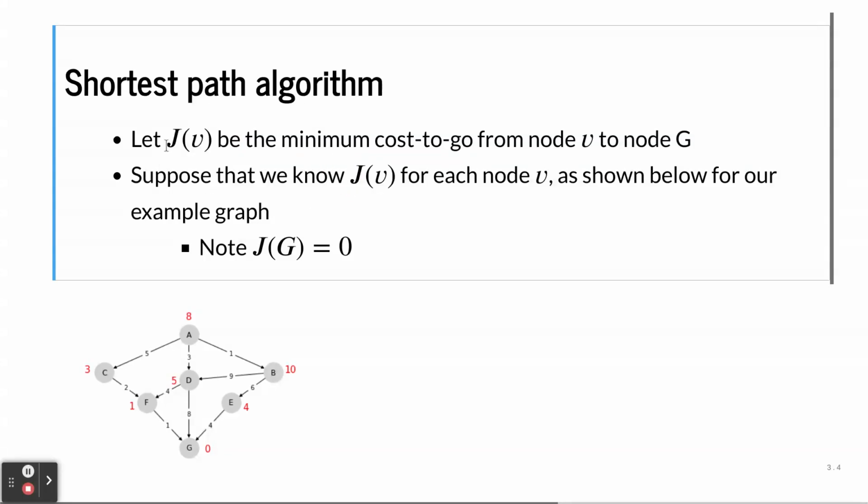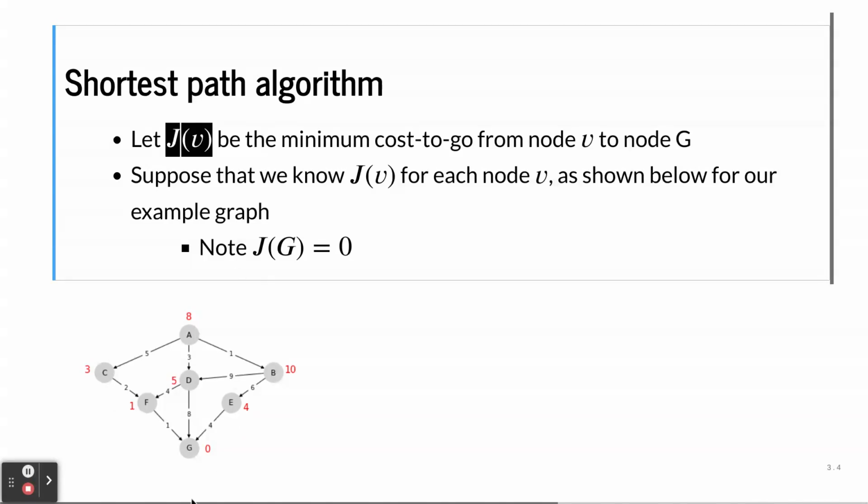Suppose also, after defining J in this way, that we know the value J(v) for each node v. And below, we'll add this J(v) value in red next to each node.